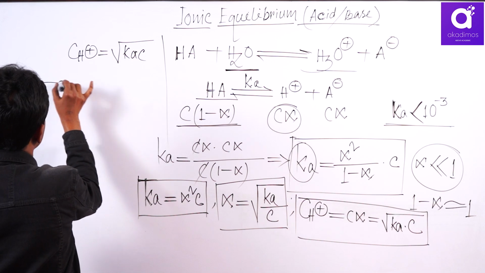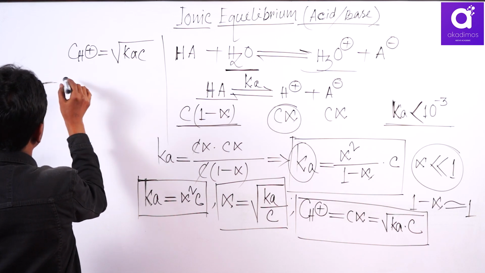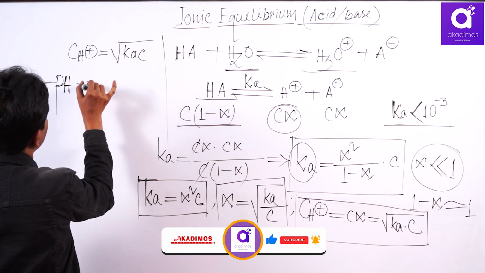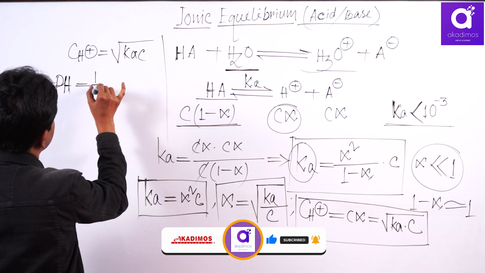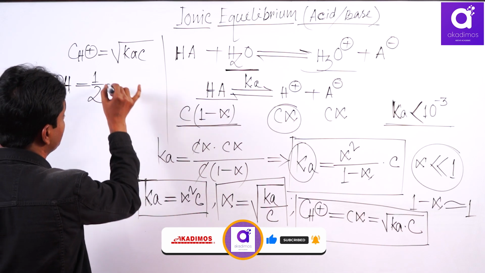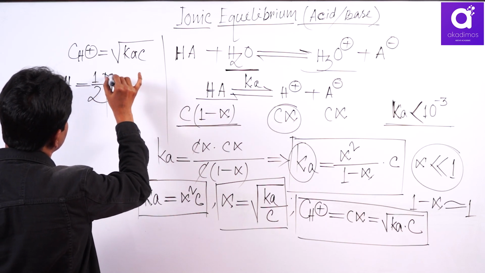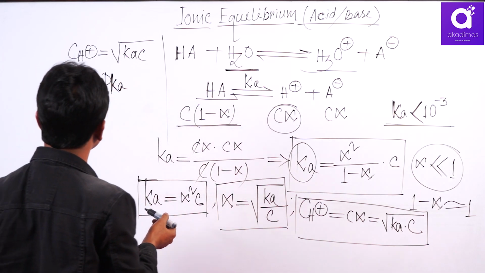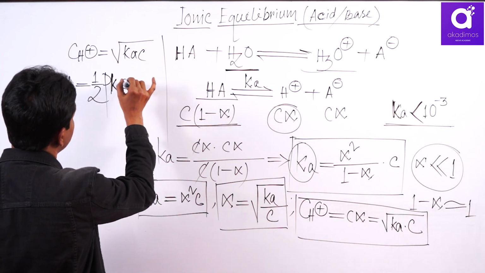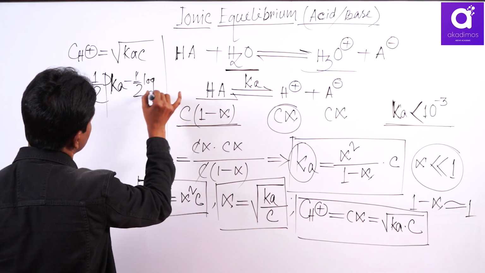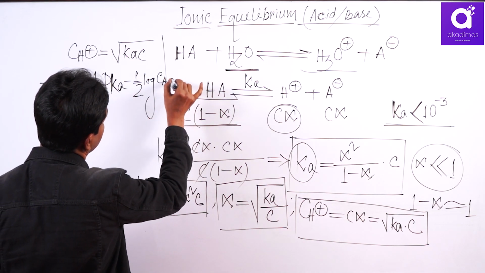Now take minus log on both sides of this equation. On the left side you will get pH, minus log of H plus concentration, and on the right side you will get half pKa, where minus log of Ka is called pKa. pKa is a property of the weak acid; the higher the Ka, the lower the pKa, minus half log of the concentration of acid.